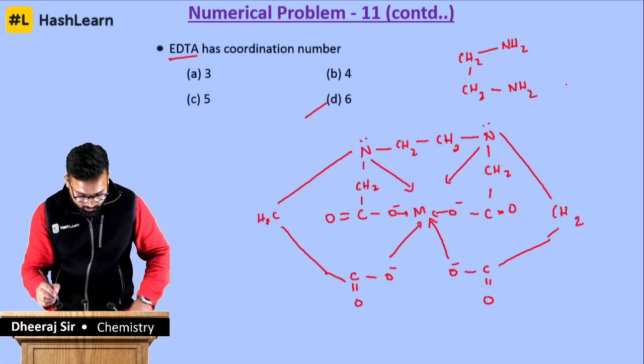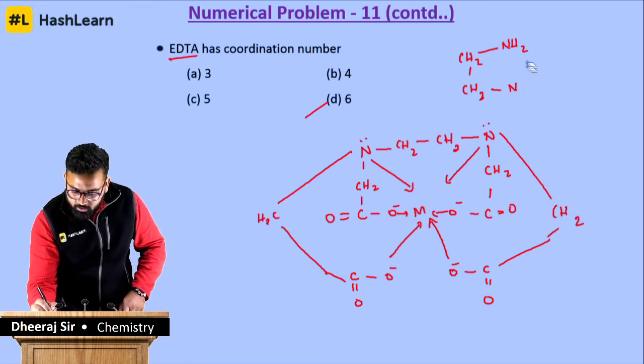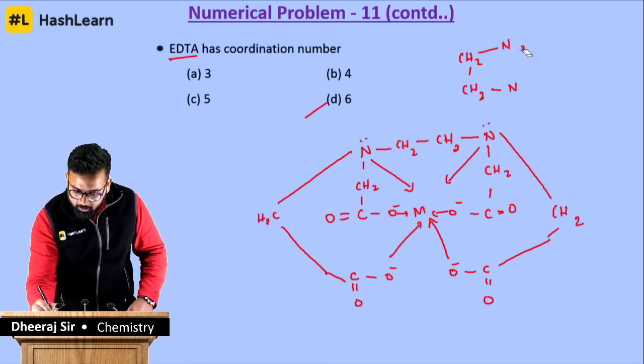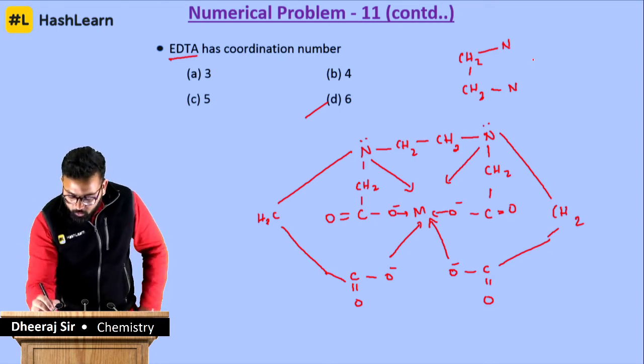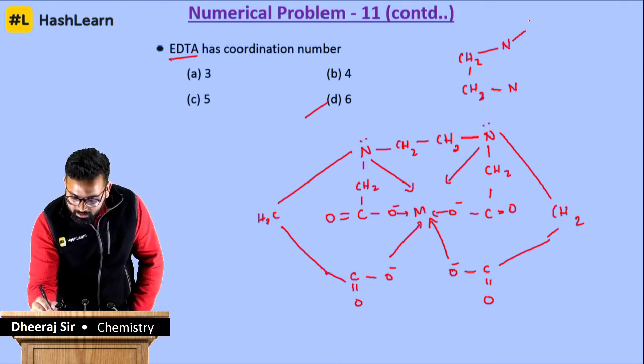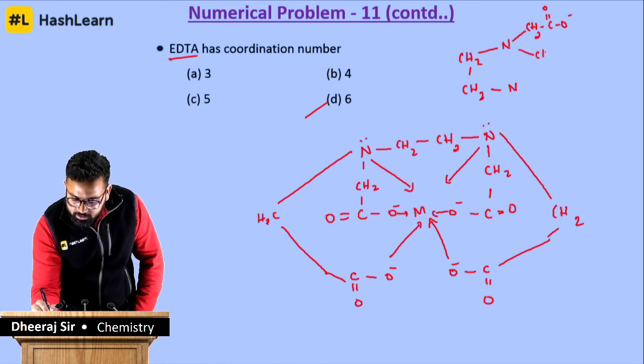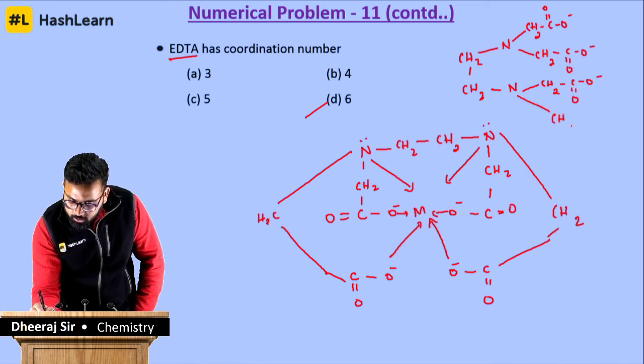All that you have to do is remove the hydrogens here. So I've removed 2 hydrogens. Instead of 2 hydrogens, I will pack the acetate. So that is CH2, C double bond O, O minus. Same thing here, CH2, C double bond O, O minus, and CH2, C double bond O, O minus.